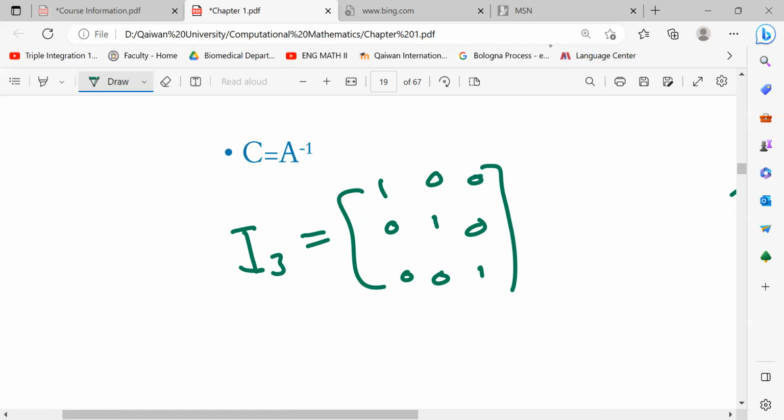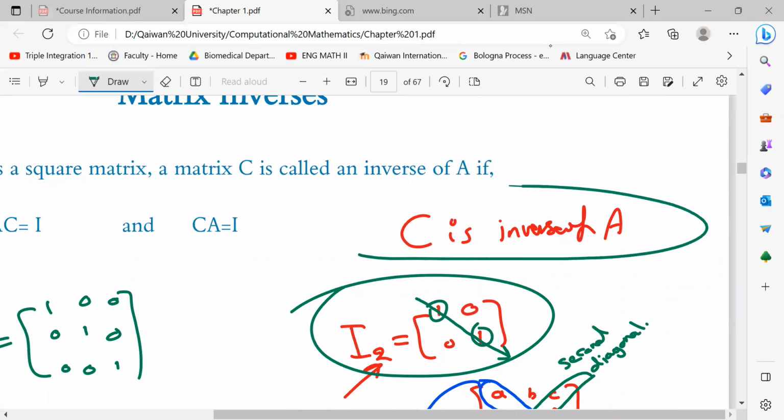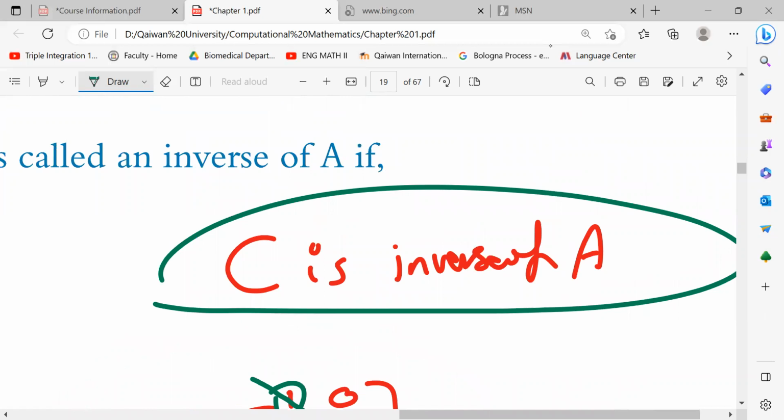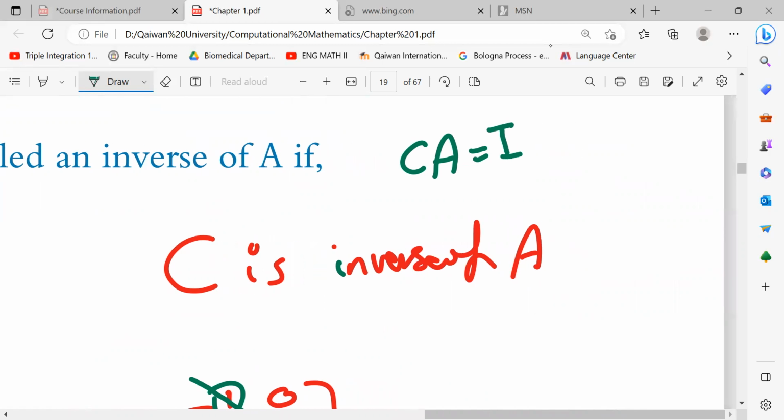Okay? And here we say for inverse, we say C is called the inverse of A. If C multiplying by A is an identity matrix, or A times C is an identity matrix.